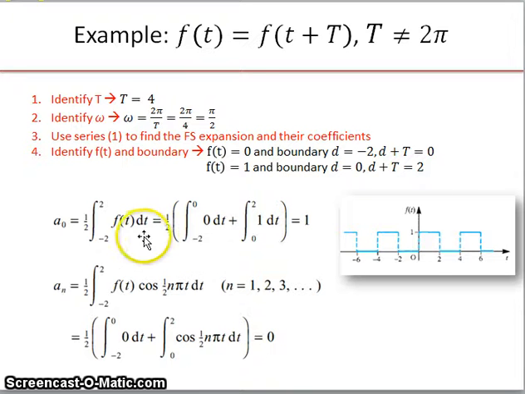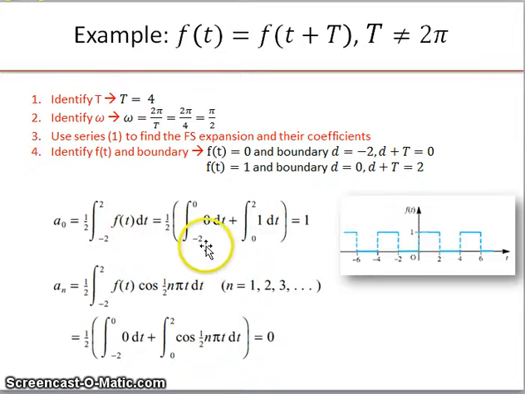So when we consider the f(t) in this case, for the a naught, recall that a naught equals 2 over T multiplied with the integral of f(t) dt. So we need to know what the f(t) is.